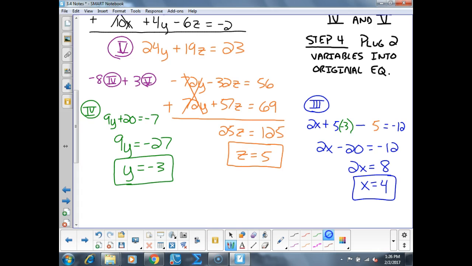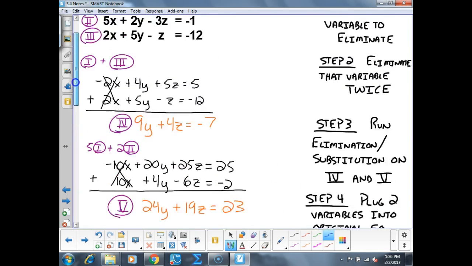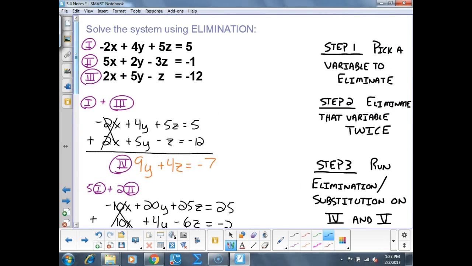So, checking it now, I'll scroll back up to the original equations. Negative 8 plus negative 12 is negative 20, plus 25 is 5. 20 plus negative 6 is 14, minus 15 is negative 1. 8 minus 15 is negative 7, minus 5 is negative 12.